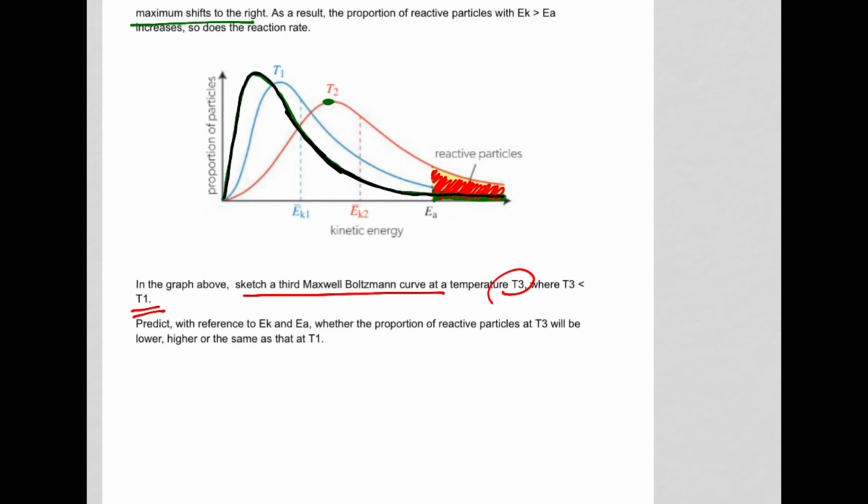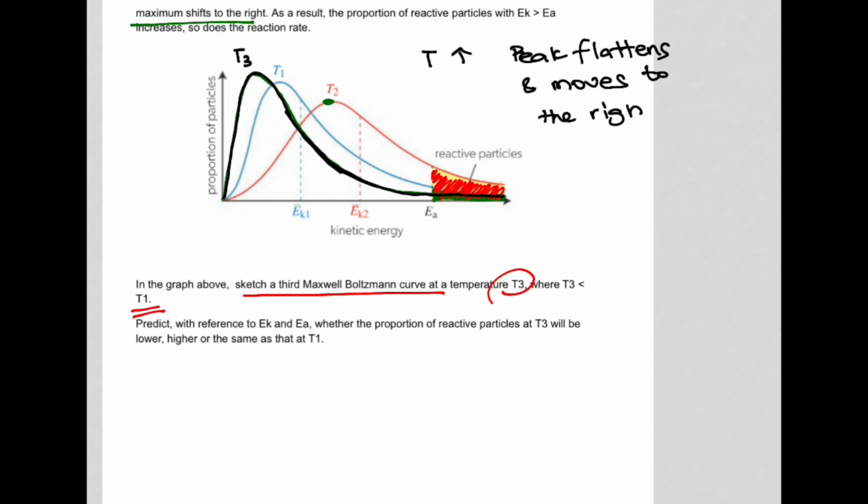So it's the black curve where this is T3. T3 is less than T1. So it is to the left, and the peak is higher than T1. So when temperature increases, the peak flattens and shifts to the right. Okay, so this is what happens.